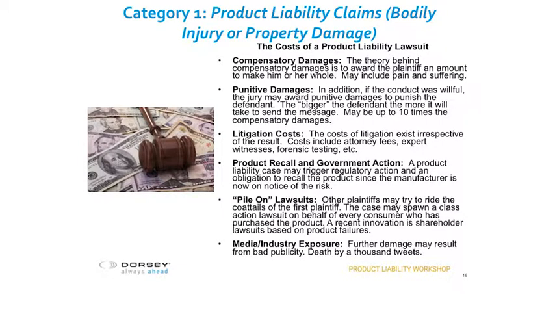There can even be shareholder derivative cases where shareholders say, you management fell asleep at the switch, and as a result of this and failure to implement reasonable safety and product quality controls, we lost a significant amount in our investment. So shareholder claims brought after a very high-profile product liability claim are not uncommon. And then, of course, the media exposure once this gets out into the Twitter sphere.